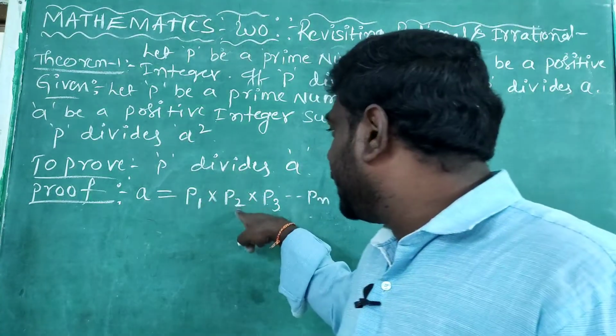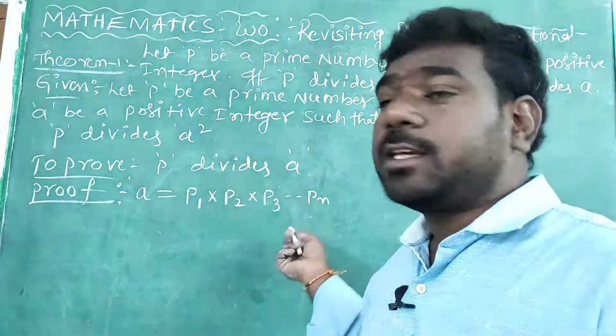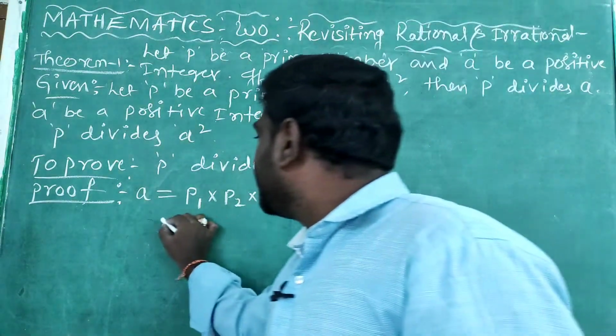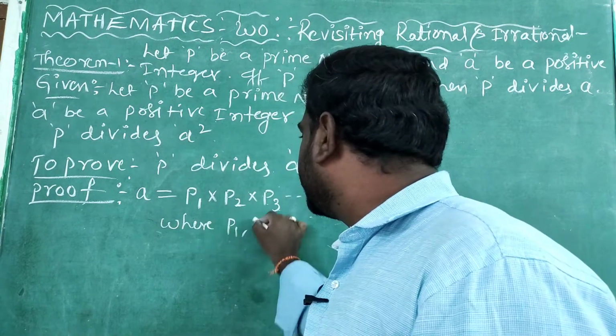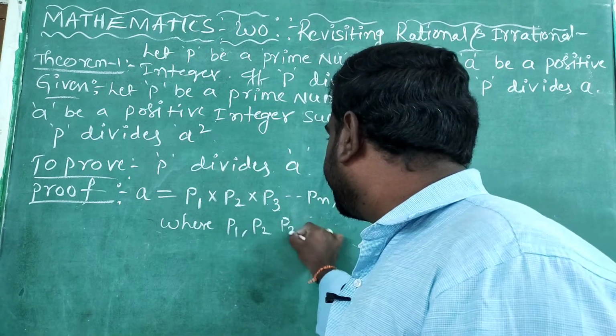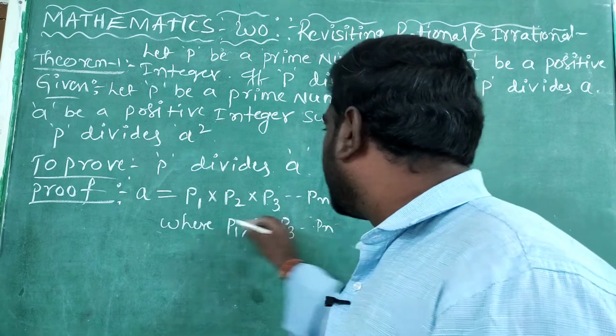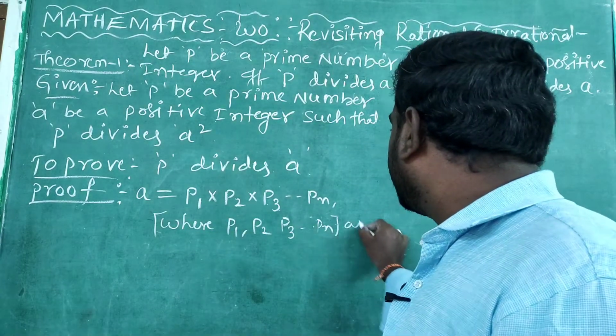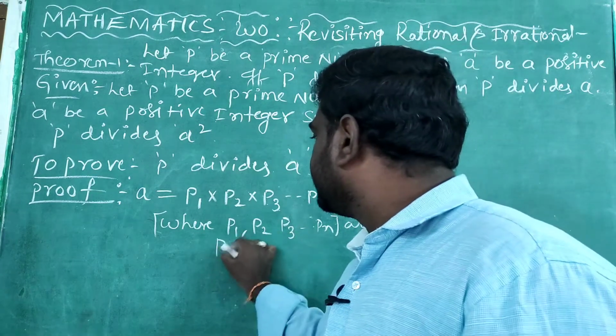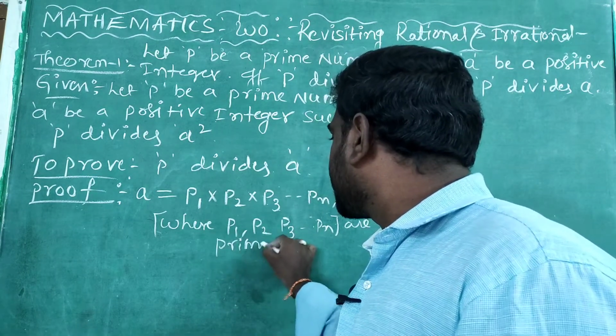So P1, P2, P3, and so on Pn, what are these? These are the prime numbers, the prime factors.